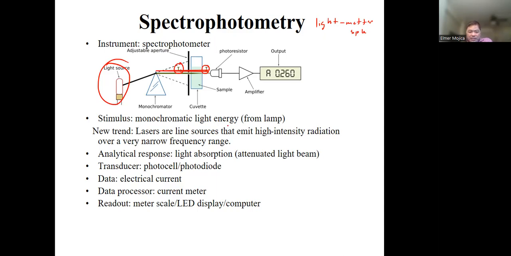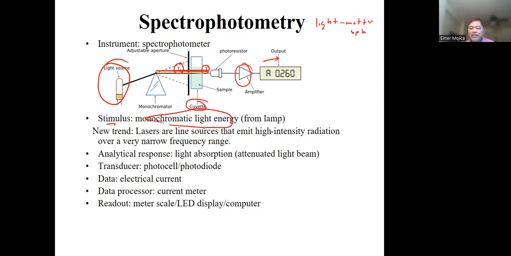Okay, so usually you have a sample there that you put in a cuvette. So you have a photoresistor here, so that will convert your analytical signal, okay? And the amplifier would make the signal a little bit higher, okay? Maybe converting it to electrical signal and then to something that you can understand, which is what we call the output reader.